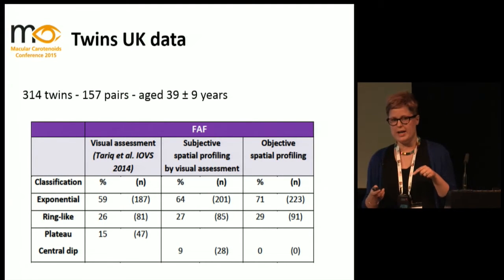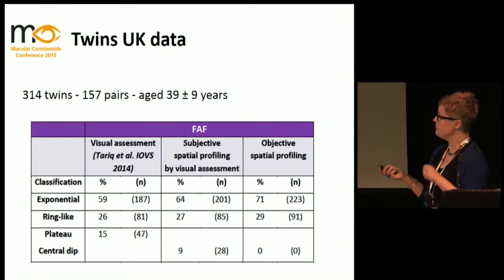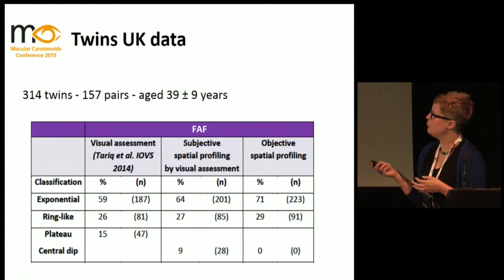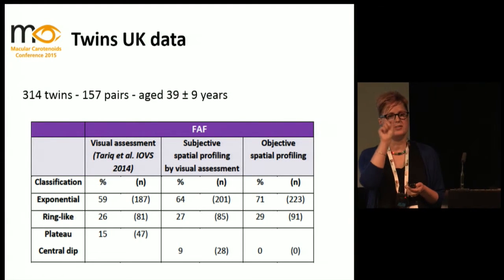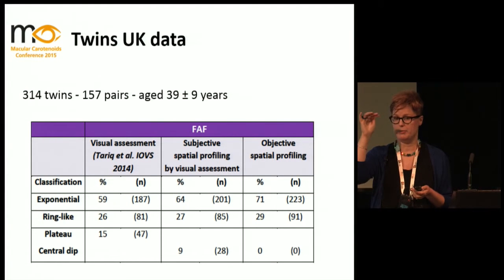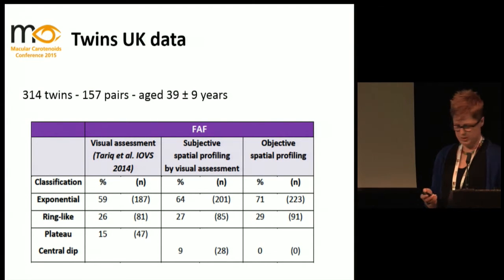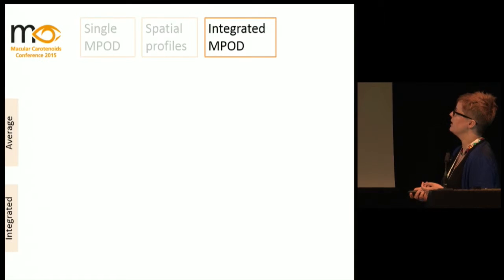But on top of that, when we had a look at the objective on the FAF images, we used the find foveal function, and the original paper didn't do that. They located the center of their macular pigment as the peak macular pigment. So there are quite a few differences between the studies and the results that are reflected like that.